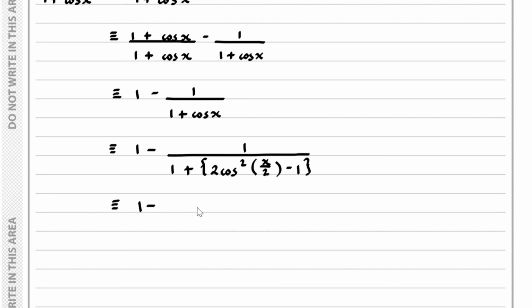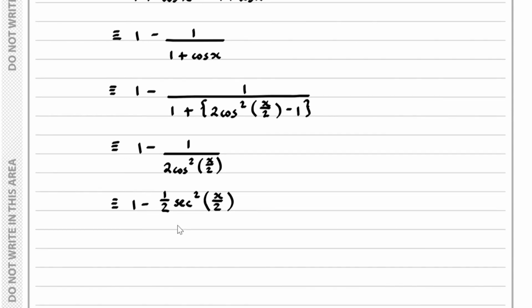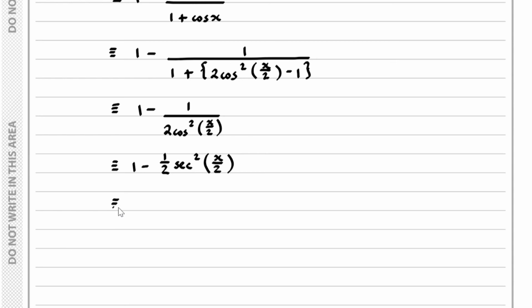So I've got 1 minus 1 over 2 times cos squared of x over 2. So I've got 1 minus 1 half times sec squared of x upon 2, which is equivalent to the right hand side, hence shown.